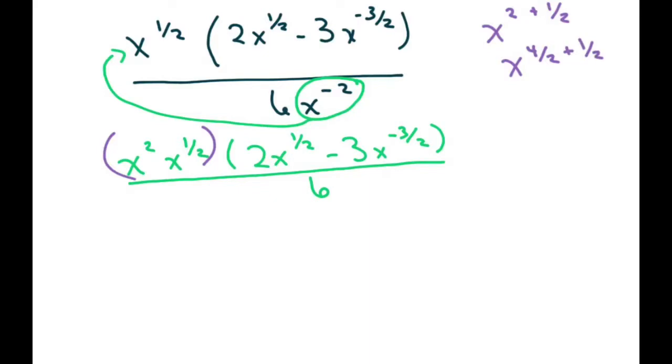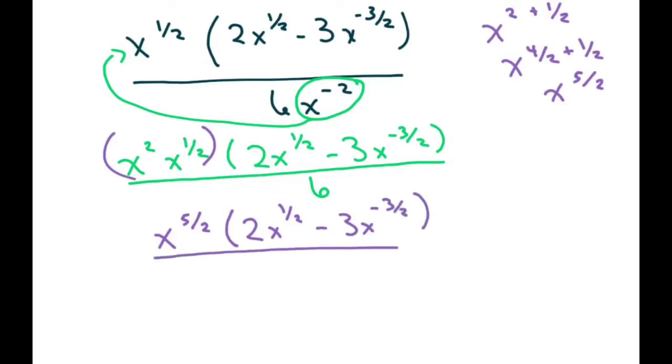Because 4/2 is 2, that's going to be x to the 5/2. So basically we have now x to the 5/2 times 2x to the 1/2 power minus 3x to the negative 3/2 power, all over 6.